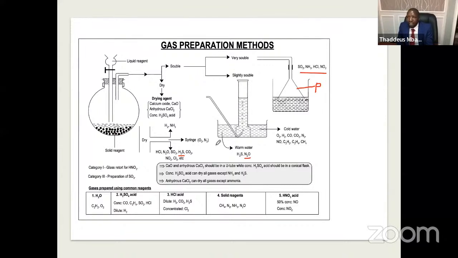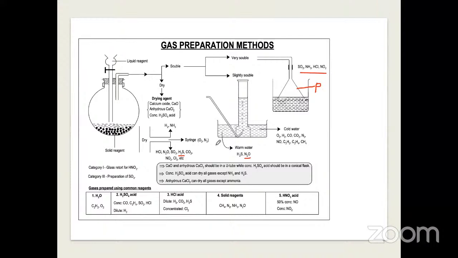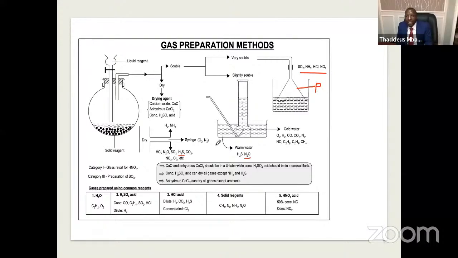So the best method to collect them if they are needed dry is the use of a sewage. Are we together? Somebody can even ask you a question: explain why it is difficult to collect nitrogen, or rather carbon dioxide, by upward or downward delivery. You say, because it has almost the same density as air.